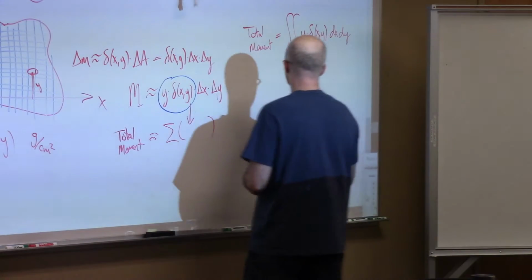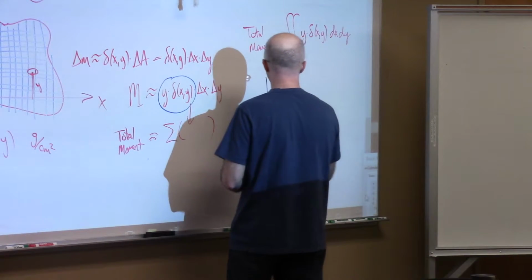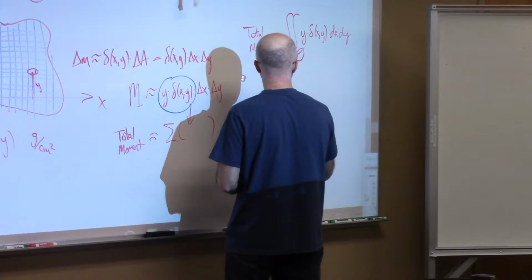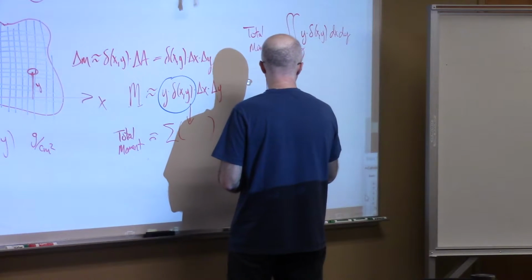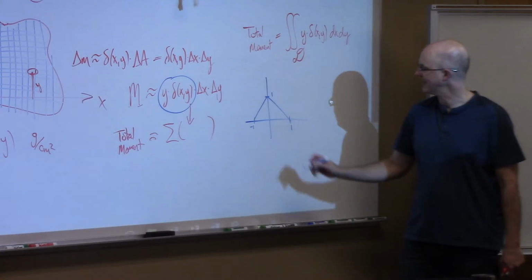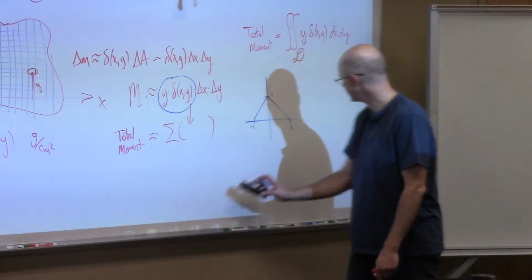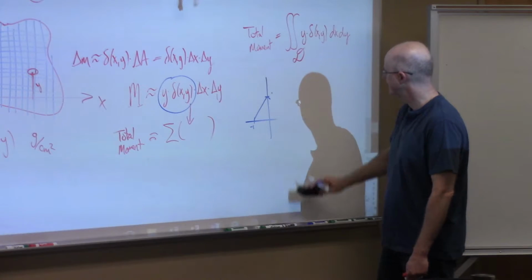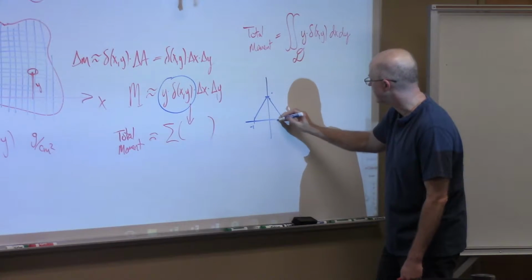What about for our particular situation? For our particular triangle here, this is going to be the example then from last Friday. We've got a triangle like that. It's supposed to be an isosceles triangle, doesn't look like one. A little bit better looking.